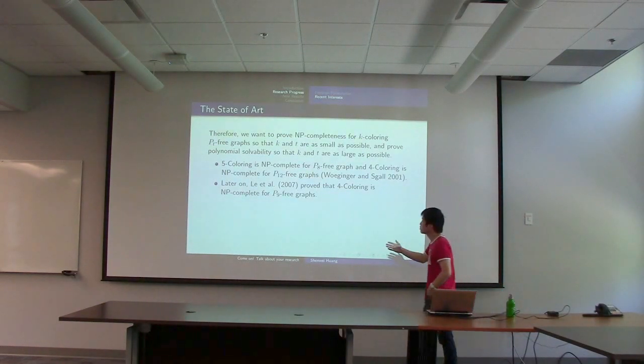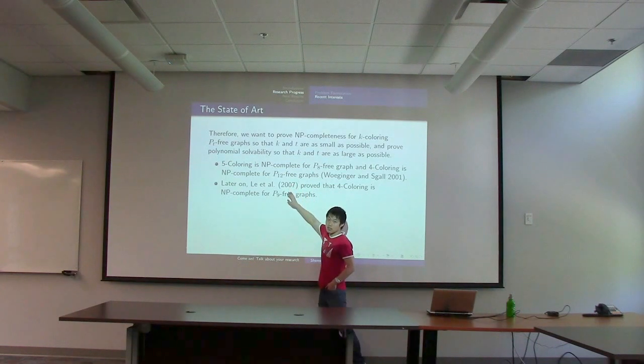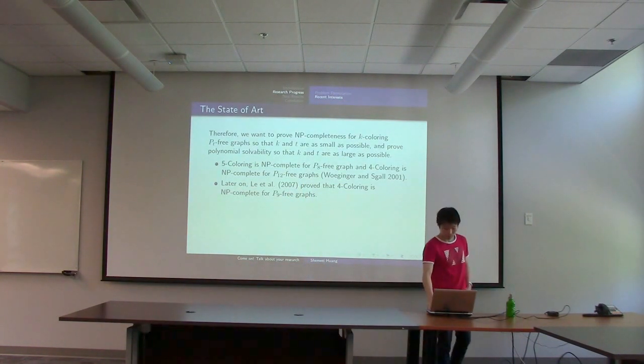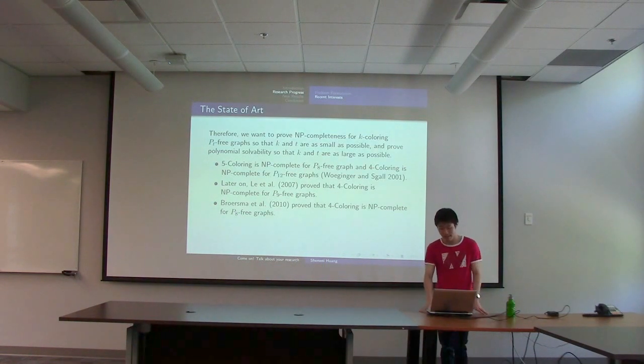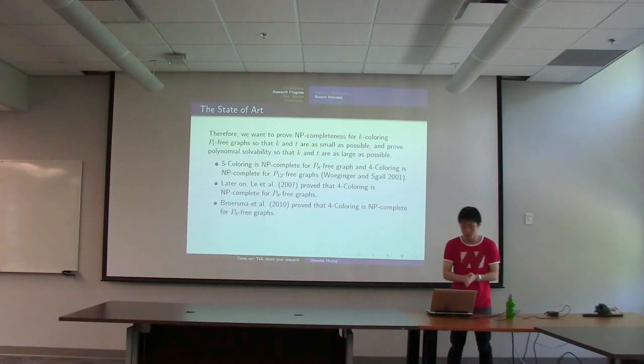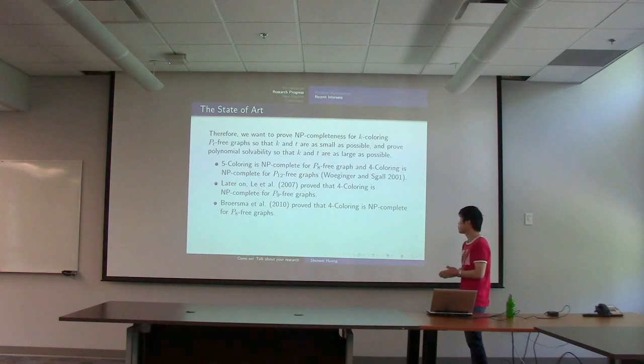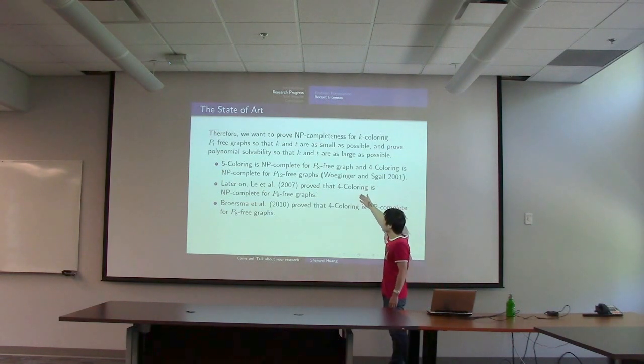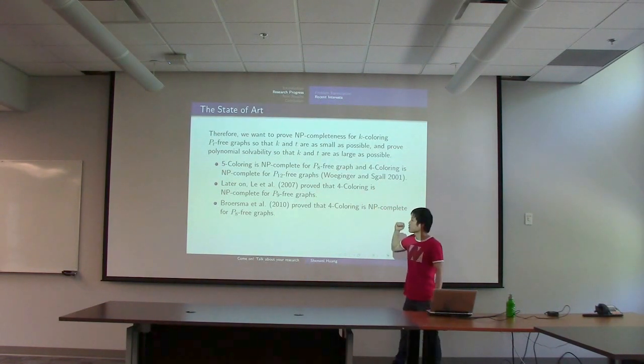This is an improvement of this result, and they reduced 12 to 9. So this is stronger. And in 2010, Broersma and coauthors proved 4-coloring is NP-complete for P8-free graphs, and this is even an improvement of this result as well as the previous result.